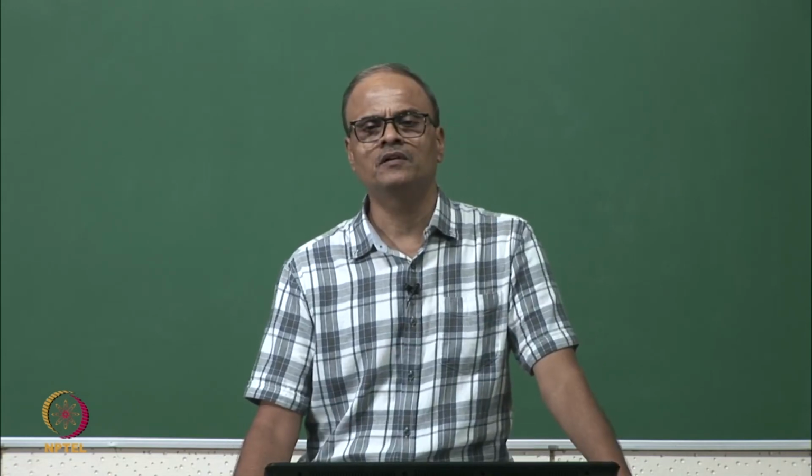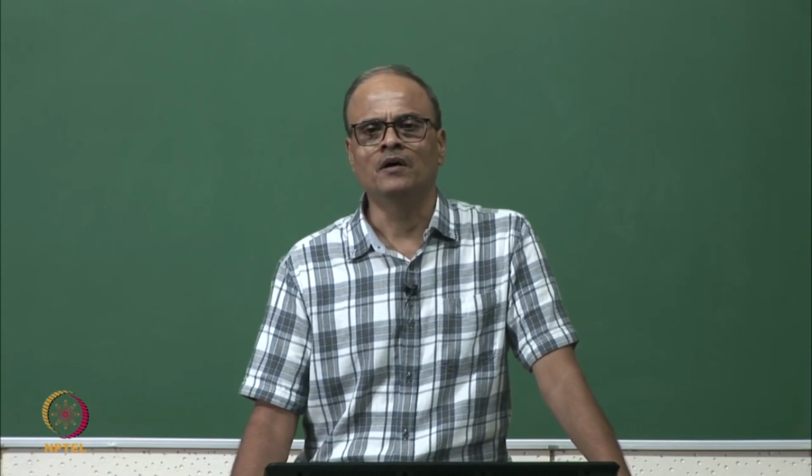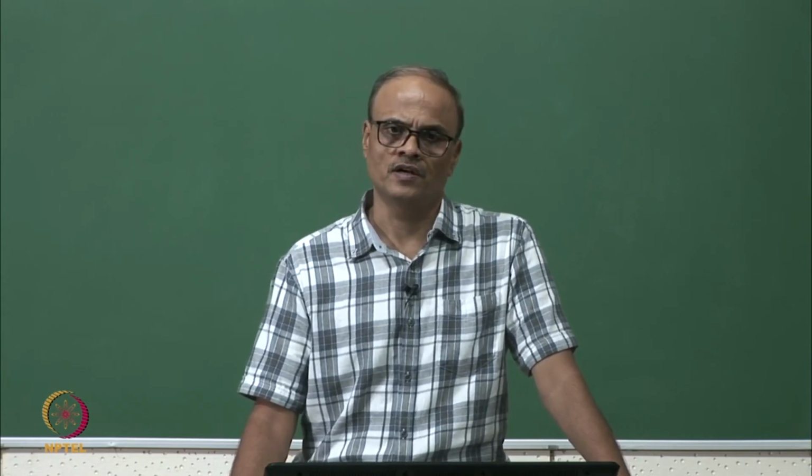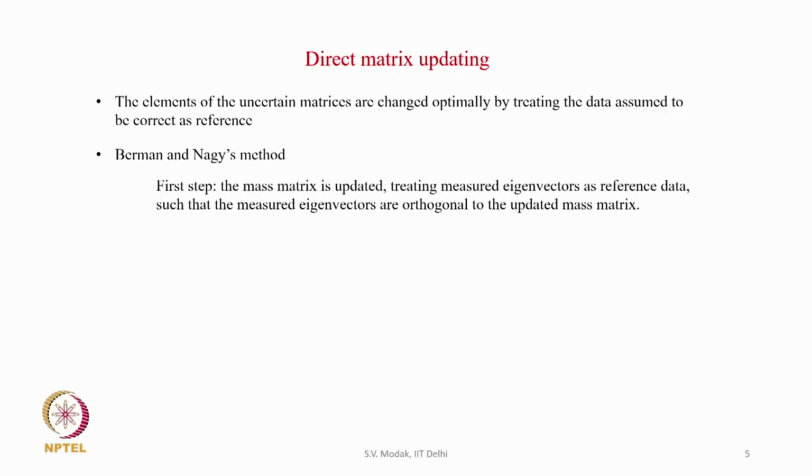This method essentially updates the mass and stiffness matrices, treating the measured modal data as reference data, and this is done in two steps. In the first step of the method, the mass matrix is updated treating measured eigenvectors as reference data, subject to the constraint that the measured eigenvectors are orthogonal with respect to the updated mass matrix.